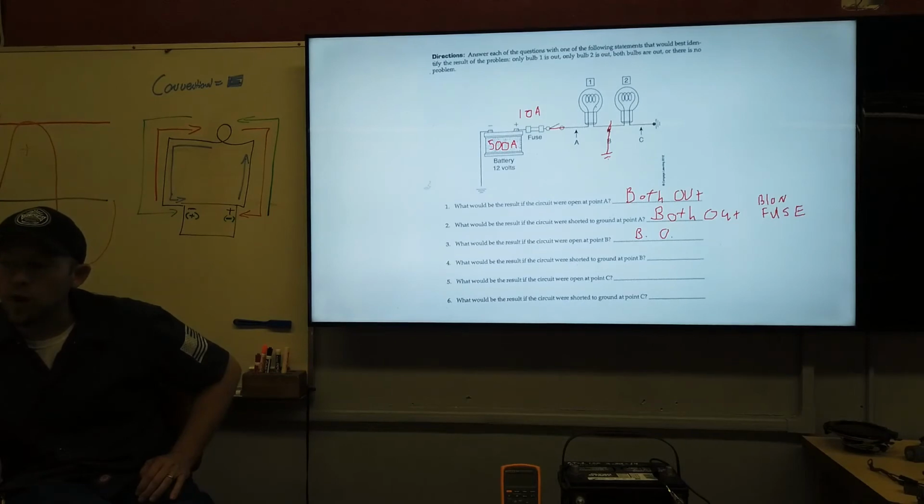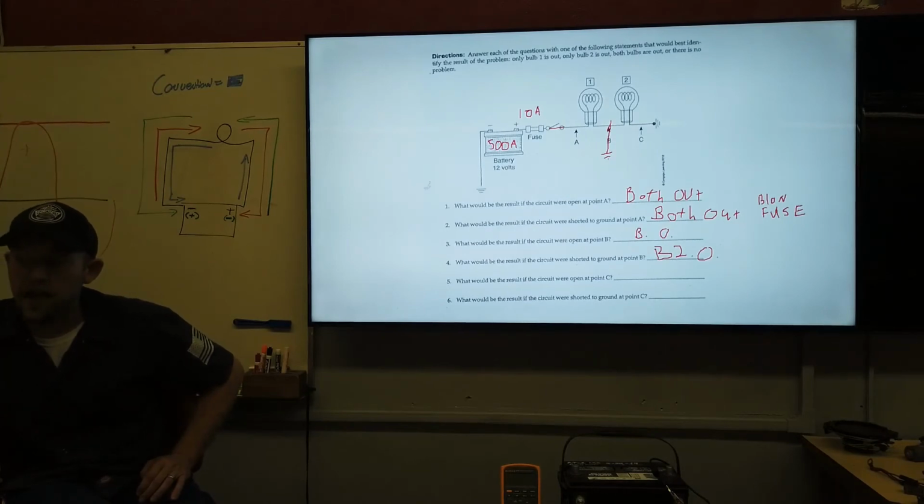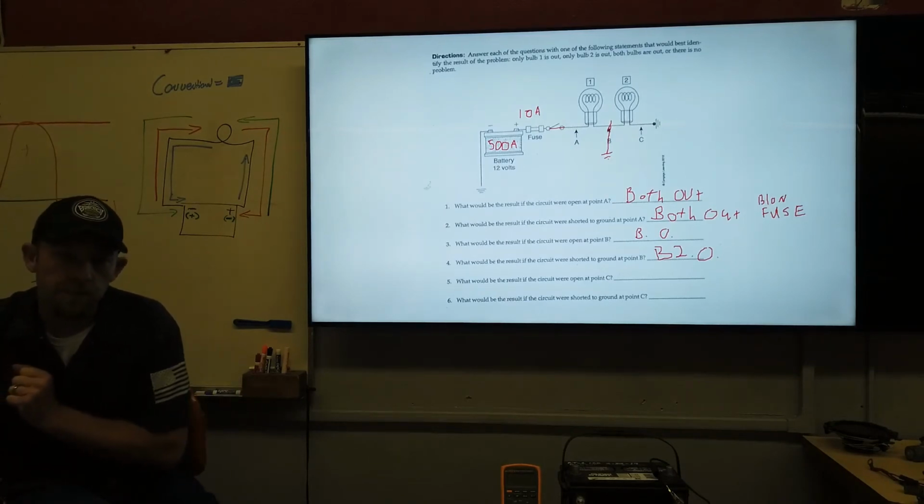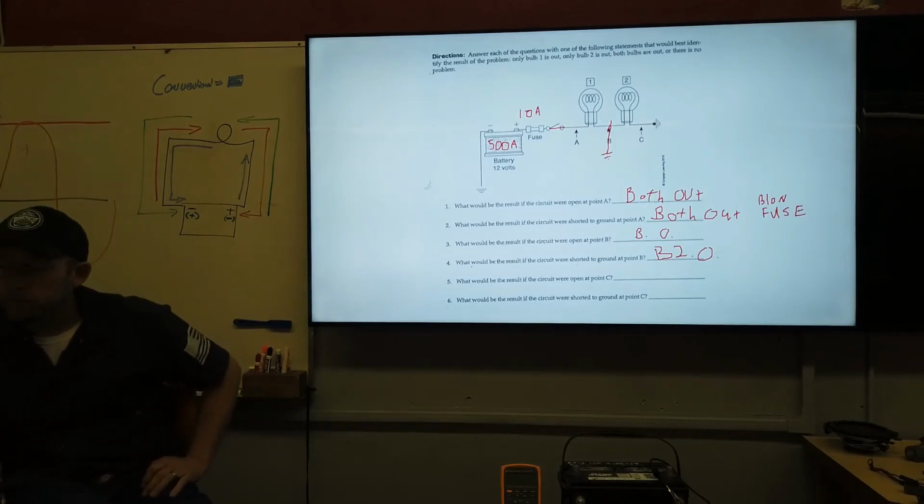And so bulb 1 would work, but bulb 2 is out. In addition to that, you guys saw if these were two identical bulbs, then this one would have 6 volts, this one would have 6 volts. But once we have a short to ground right there, then this one would get the full 12 volts. So not only did this one go out, but this one also got brighter.